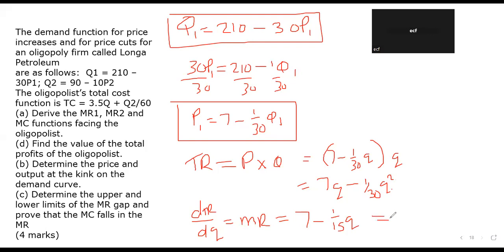So our marginal revenue is 7 minus 1 over 15 Q, where 1 over 15 is 0.067. So this is our marginal revenue for firm 1.